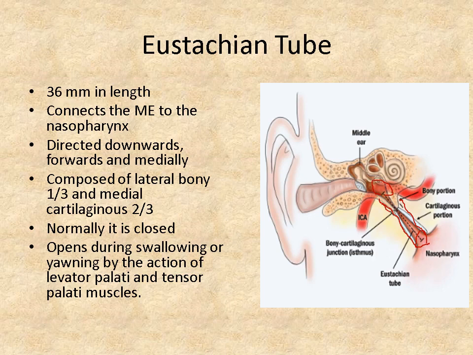The lateral 1/3, close to the middle ear cavity, is bony, whereas the medial 2/3 is cartilaginous, composed of incomplete C-shaped cartilage, because normally the Eustachian tube is always closed, and it opens during swallowing or yawning by the action of the palatal muscles, the levator palati and the tensor palati muscles.